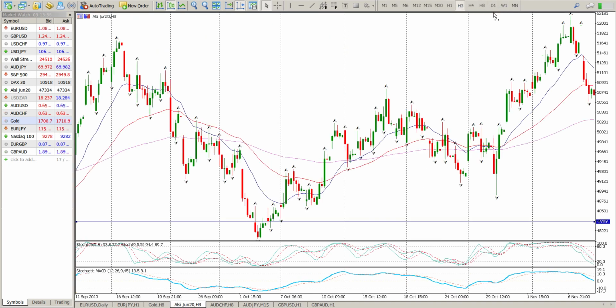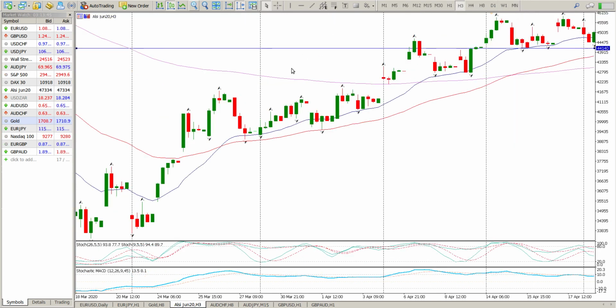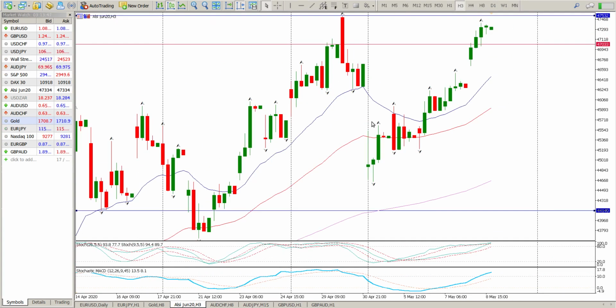Now, we start drilling down on the lower time frames to see what is actually transpiring here. And I think what we'll need to do here, just come in a bit. So last week, you see a bit of choppy price action. Nice crossover here of our oscillators, sorry, not the moving averages, early in the week.